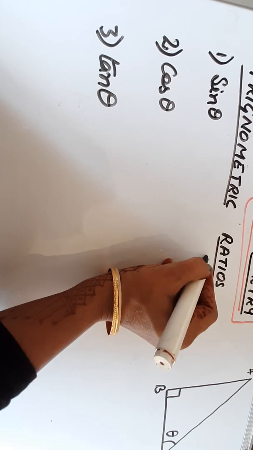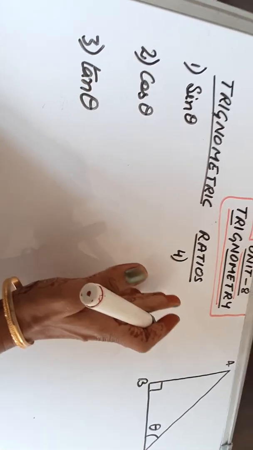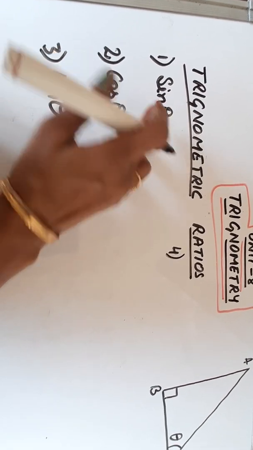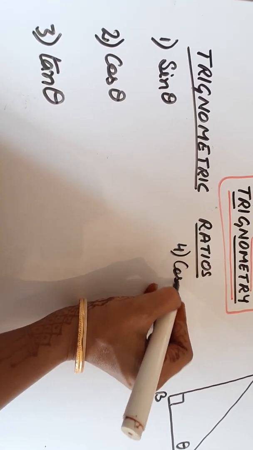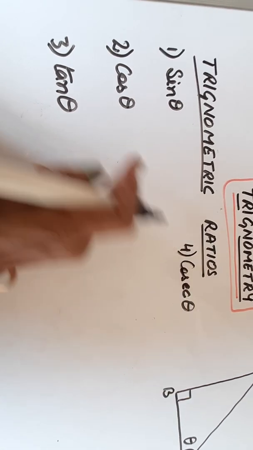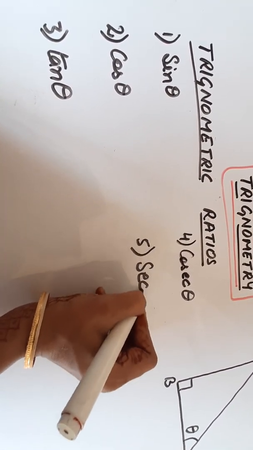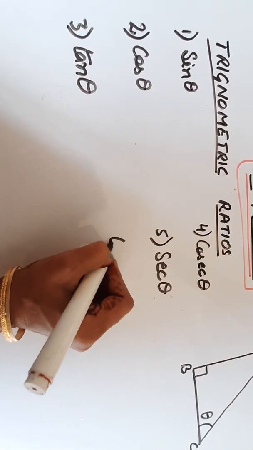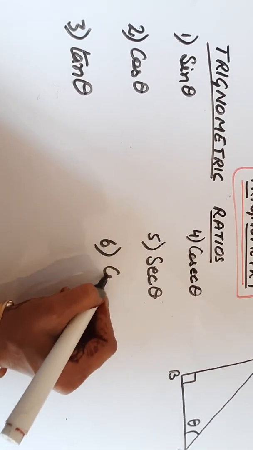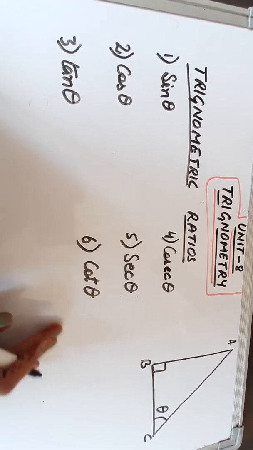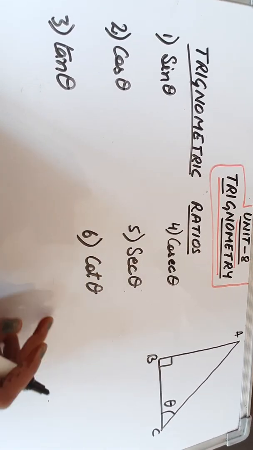Just write down the trigonometric ratios in the same format. The reciprocal of sine theta is cosecant theta, the reciprocal of cos theta is secant theta, and the reciprocal of tan theta is cot theta. So these are the 6 trigonometric ratios which you have to note in your notebook.